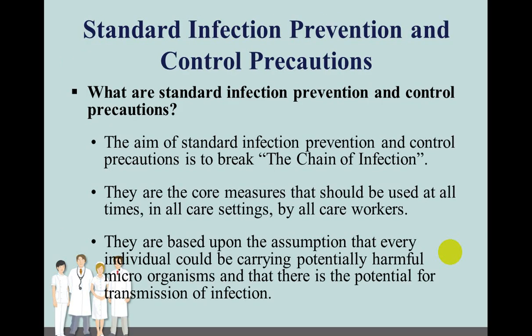What are the standard precautions, standard infection prevention and control precautions? The aim of the standard infection prevention and control precautions is to break the chain of infection. They are the core measures that should be used at all times in all care settings by all care workers.